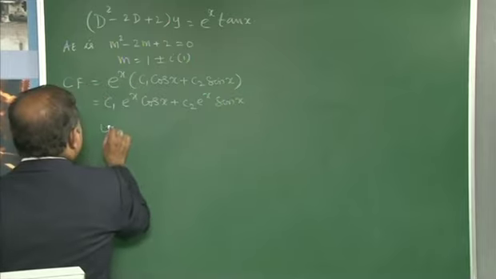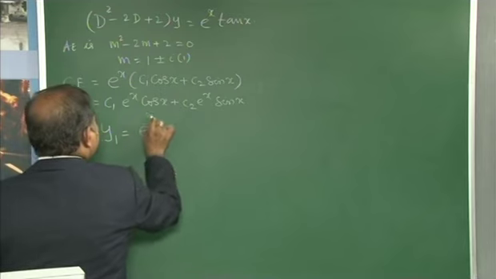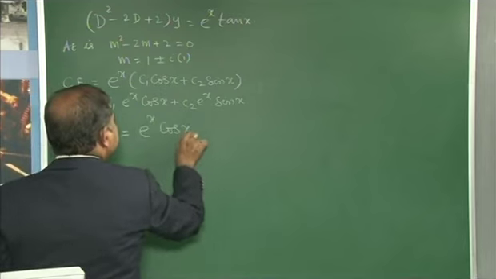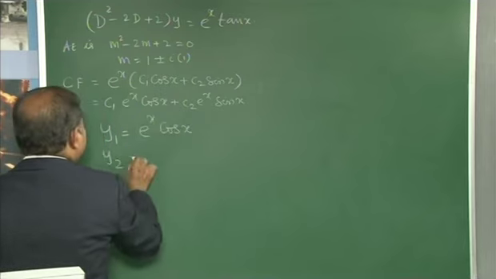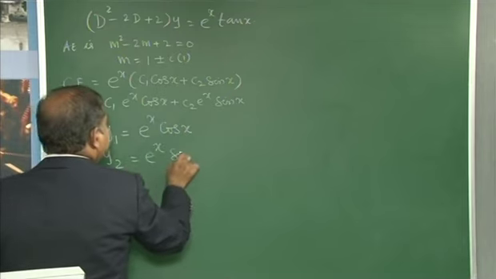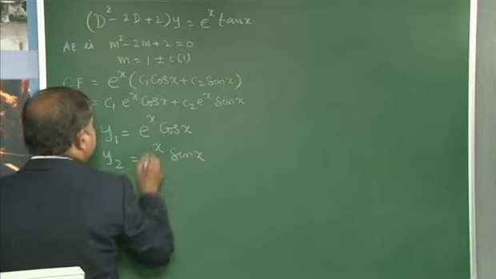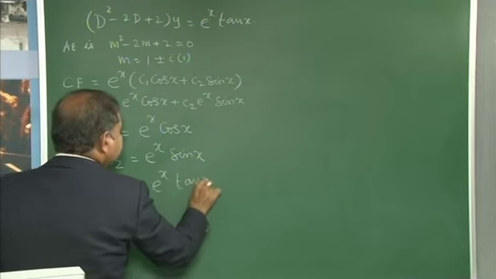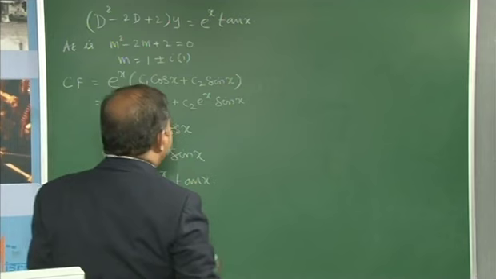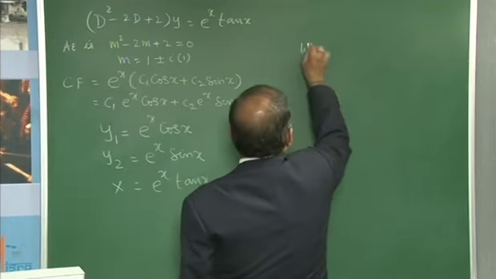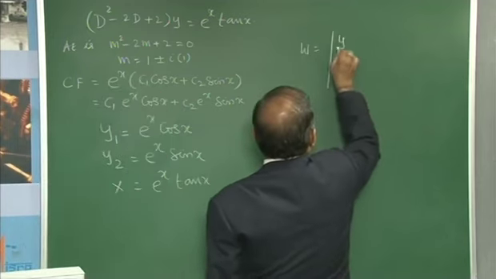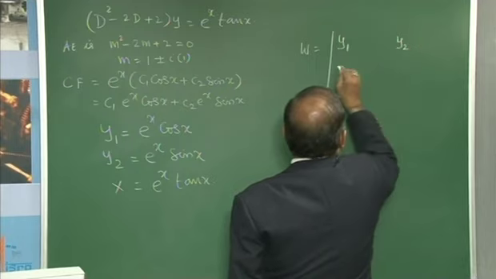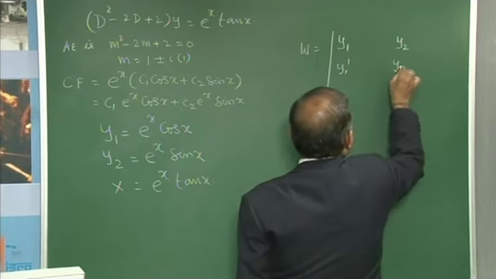So my y1 is e^x cos x, my y2 is e^x sin x, and my capital X is e^x tan x. First let us calculate W: y1, y2, y1 dash, y2 dash.